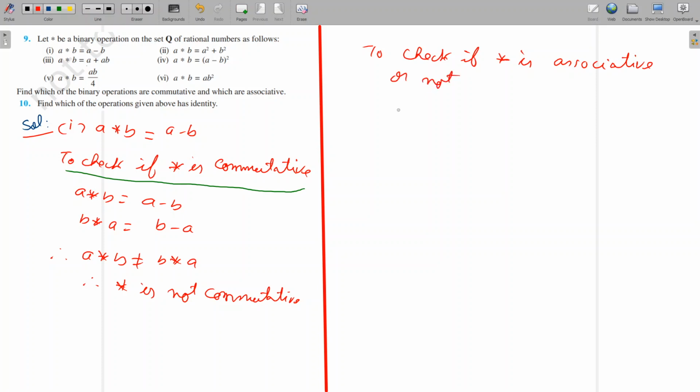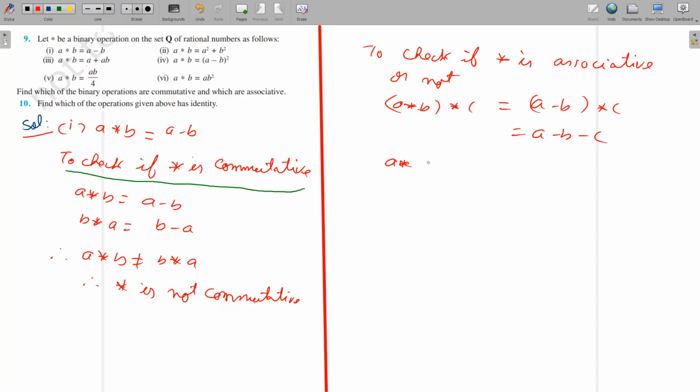Now in this case we'll find A star B star C first. A star B star C. So that is A star B is here. We apply the definition, that is A minus B. Then star C equal to A minus B, and in A star B we are subtracting the second element from the first one. So A minus B star C will be A minus B minus C.